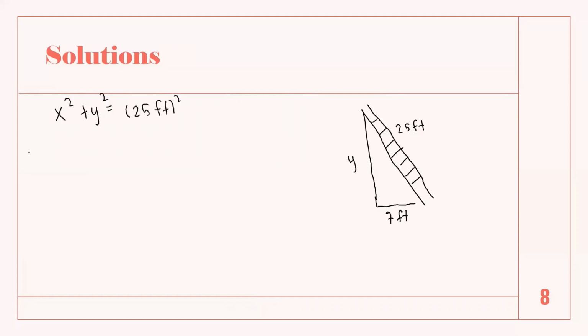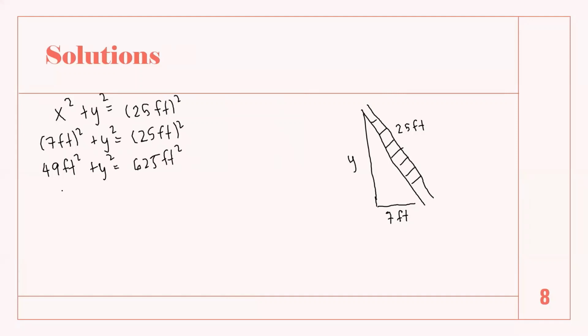Okay, so we're going to substitute based on this figure. So our x is 7 feet squared plus y squared equals 25 feet squared. Okay, so we're going to find the square of each value. So it will become 49 feet squared plus y squared equals 625 feet squared.